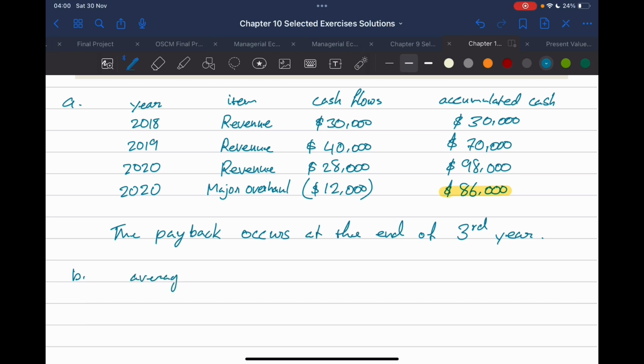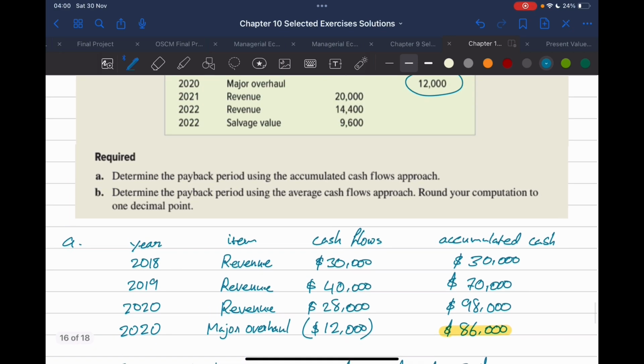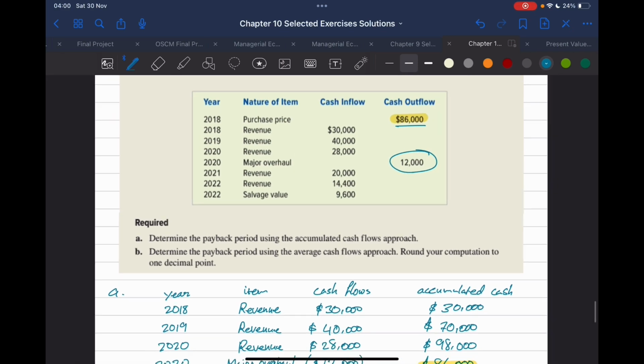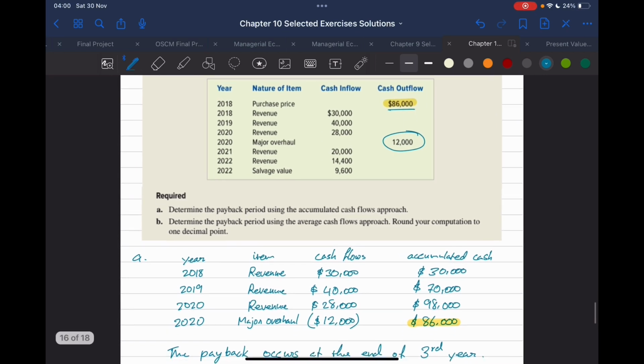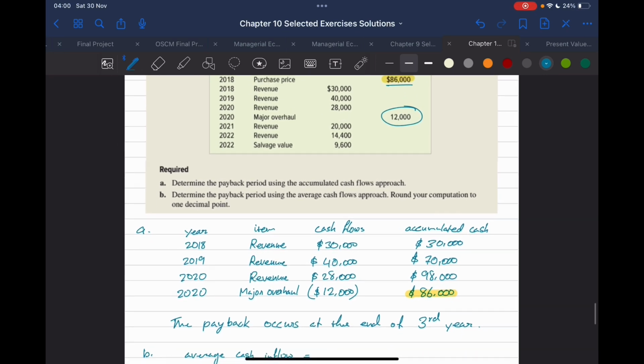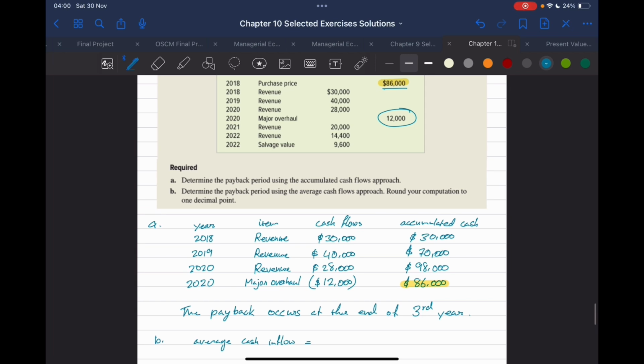So we'll say average cash inflow is going to equal, let's zoom out a little, see if we can get this all in one frame.